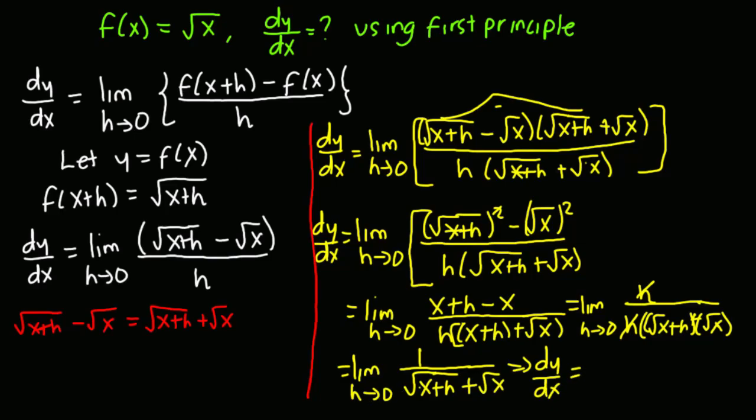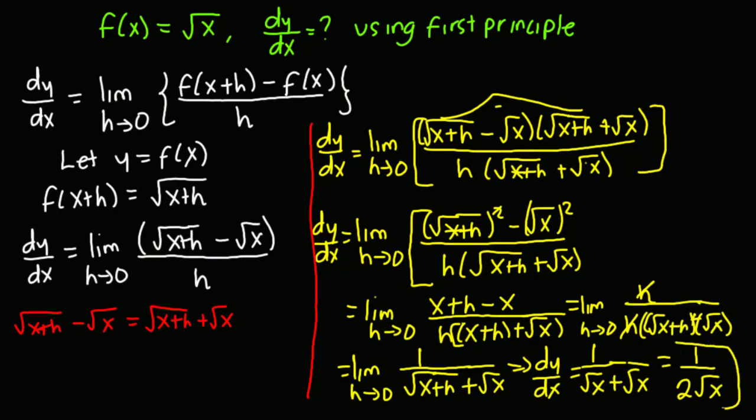And so dy/dx becomes, now I'm just going to find the limit straight away. Wherever I see h, its value becomes 0, and so we will have 1 on square root of x plus 0, which will give us 1 on square root of x plus another root of x, and this will finally give us 1 on 2 root x.